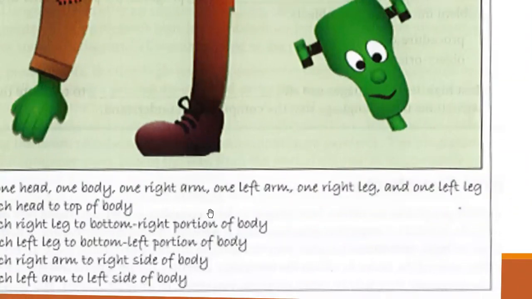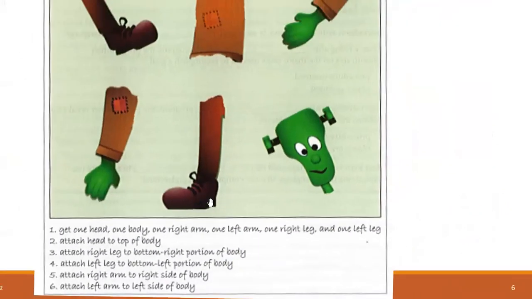This is the proper algorithm they use, right? So first thing, get one head, one body, and one right arm. So you have to get. Without that, computer can't know attach. When we start to write attach, then computer is confused because we didn't say to get, right?